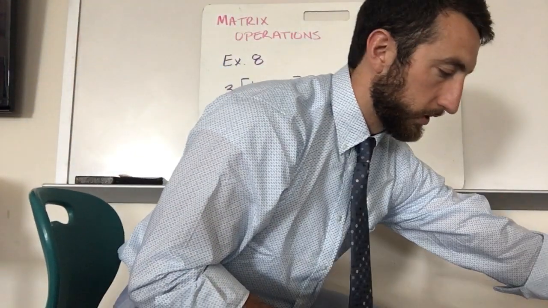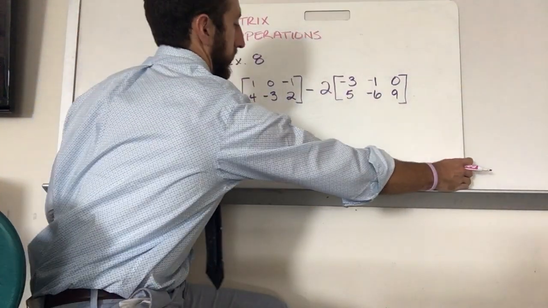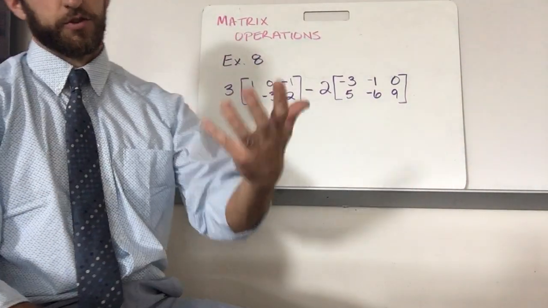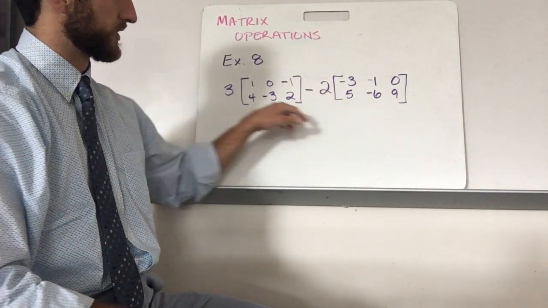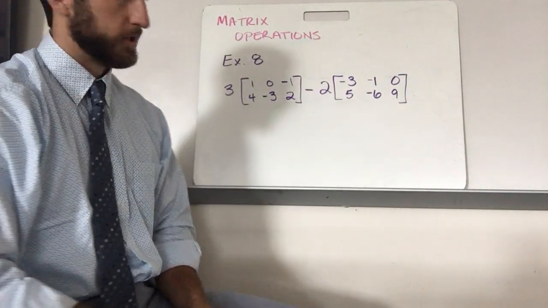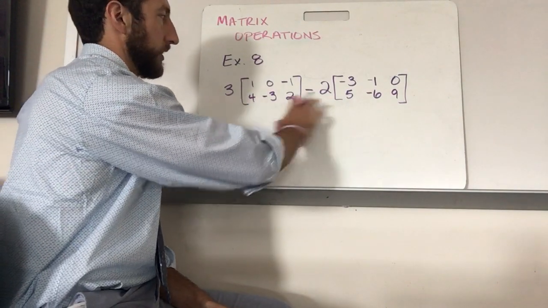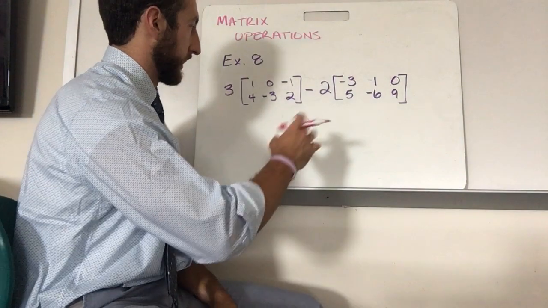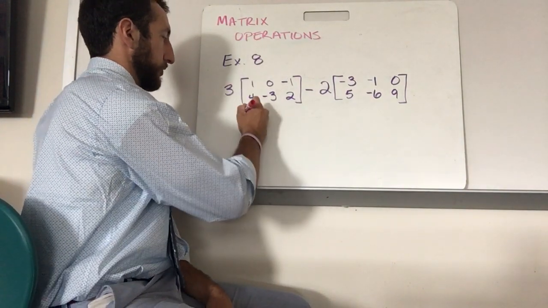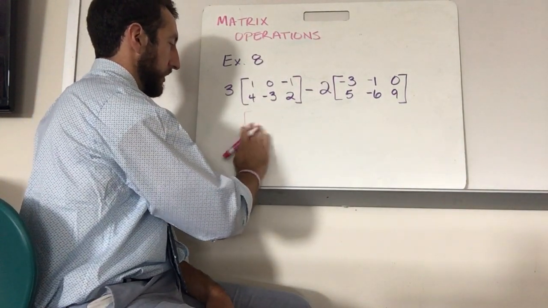And the last one we're going to talk about, our last example, is going to combine everything. So we have this. I'm going to subtract these 2 matrices. I notice that they're both the same dimensions. So all I'm going to do here is do my scalar multiplication first, and then I'm going to subtract my 2 matrices. So go ahead and distribute this 3 throughout here.